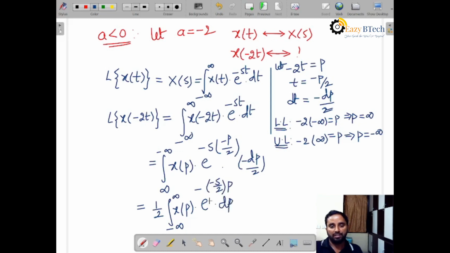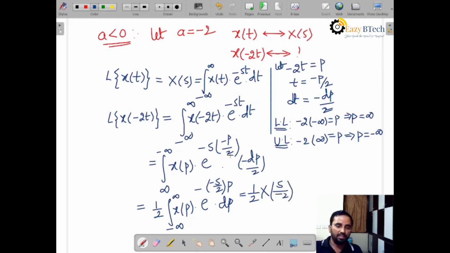We can write like this. So this is like our Laplace formula, right? So 1 by 2 X of, here in the place of s we have minus s by 2, or s by minus 2, also correct, or minus s by 2 also okay.